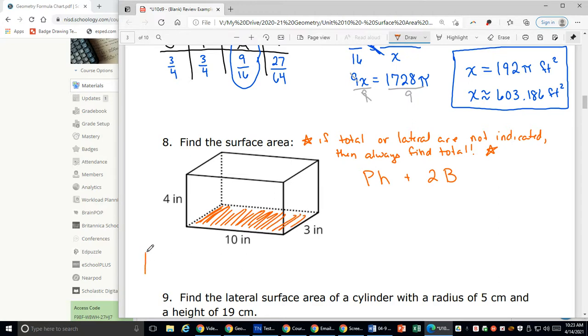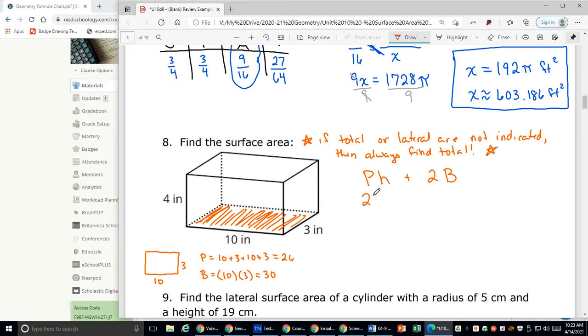So my base is a rectangle that's 10 by 3. So its perimeter is 10 plus 3 plus 10 plus 3, which is 26. The area of my base, length times width or base times height, is 10 times 3. So that is 30.